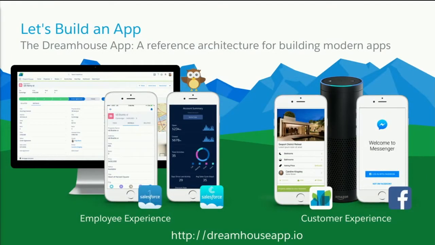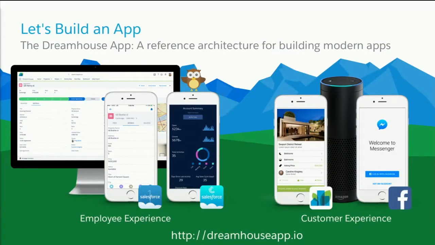If you have never seen it before, it's a reference application or reference architecture for how to build applications on the Salesforce platform. We make it available, so you have the URL there. If you haven't seen it, you can all download that application. It's about a 5 minute install. So that's the application that we're going to build.